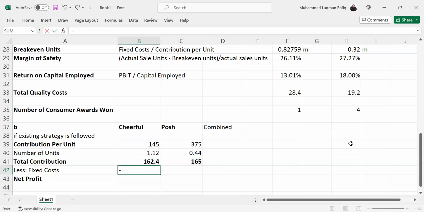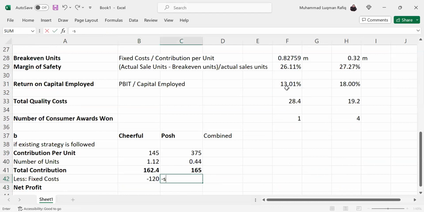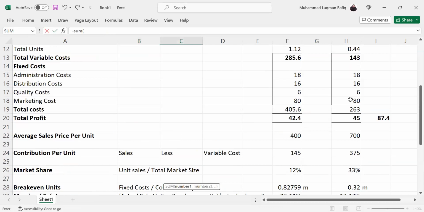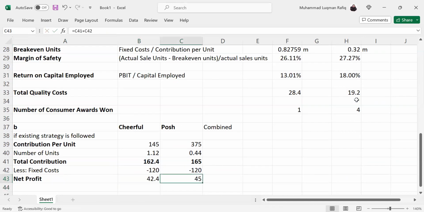Now let's talk about the fixed cost. This is what the combined profit is, right?